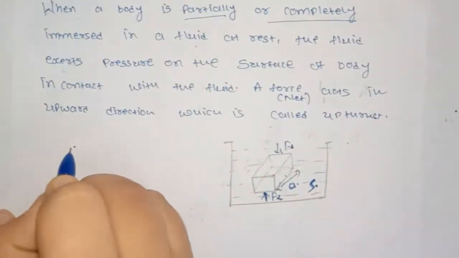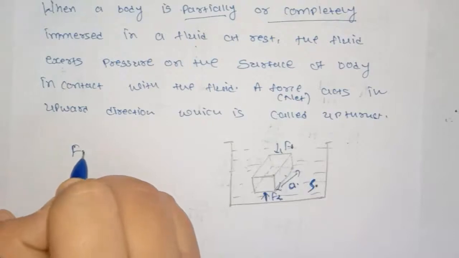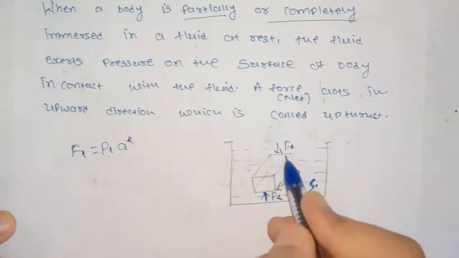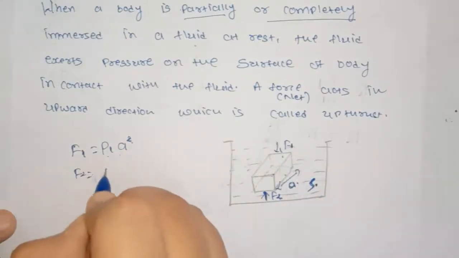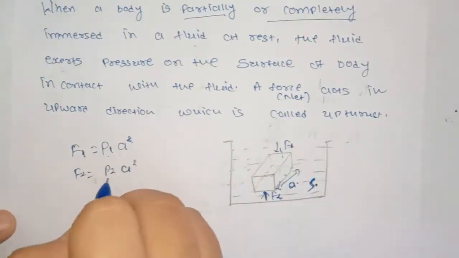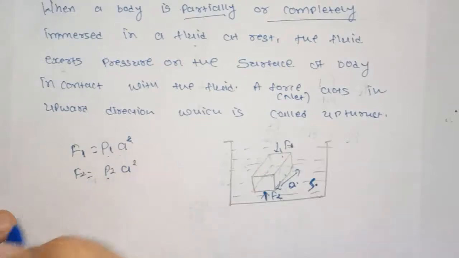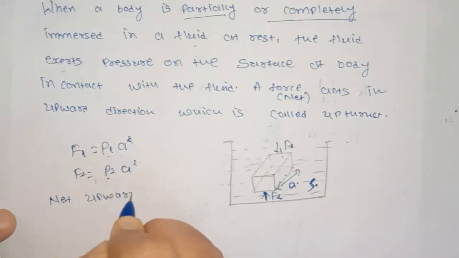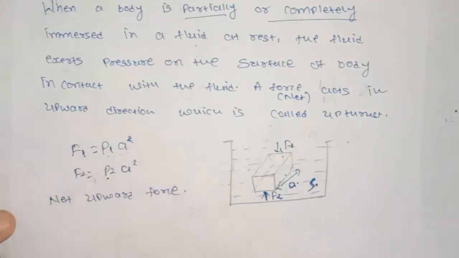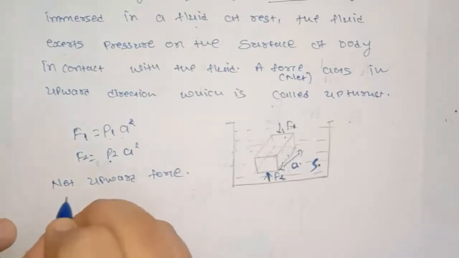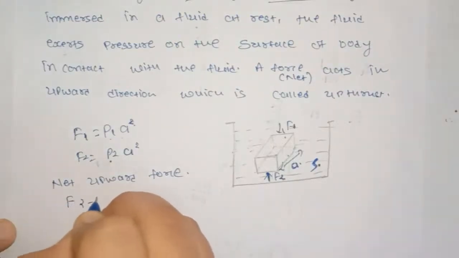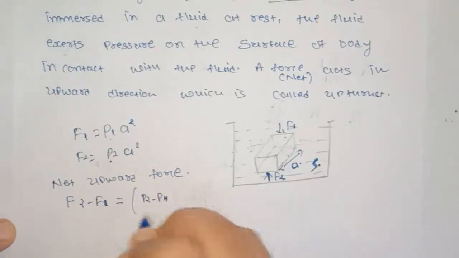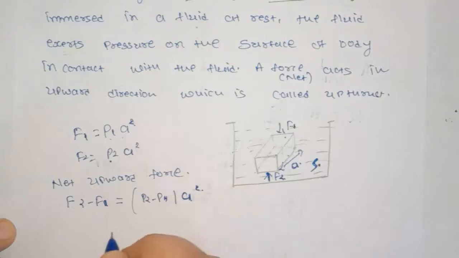The downward force F1 is equal to P1 A², where P1 is the pressure at the top, and F2 is equal to P2 A², where P2 is the pressure at the bottom. The net upward force is equal to F2 minus F1, that will be equal to (P2 minus P1) times A².